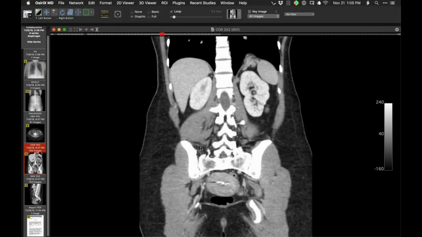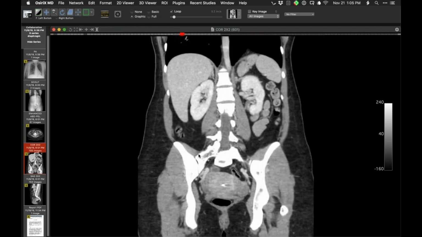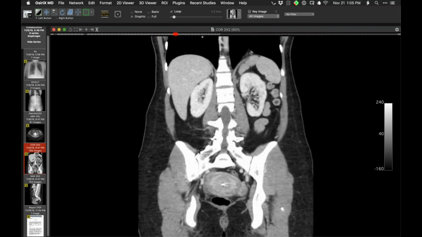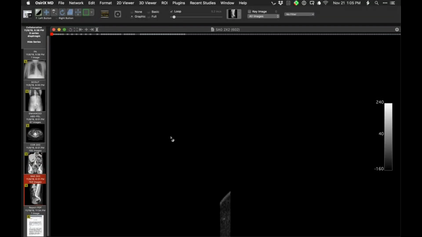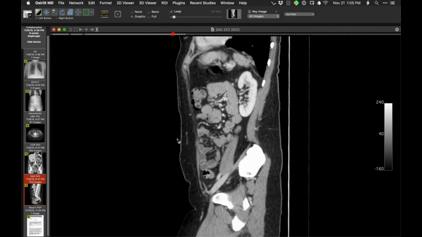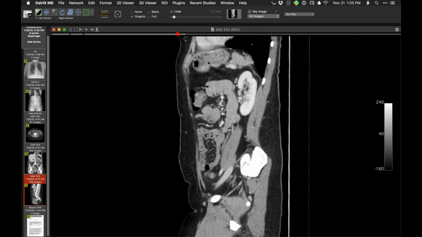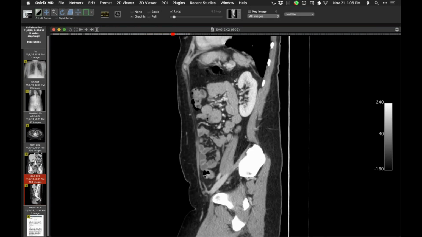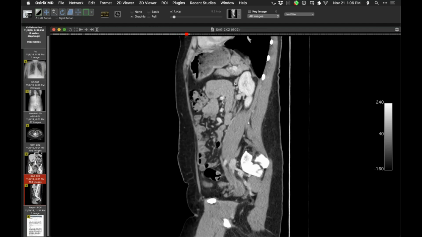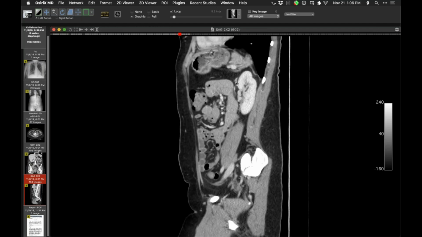So we go here and look to see where the pancreas is. There it is. Spleen and kidney. I'll bring up the sagittal and show you that the pancreas is protruding through the diaphragm into the lower chest, right there. And presumably a little constricted there, or so it was thought.